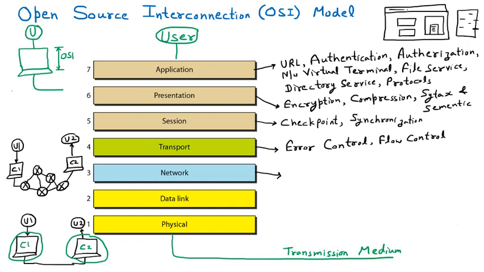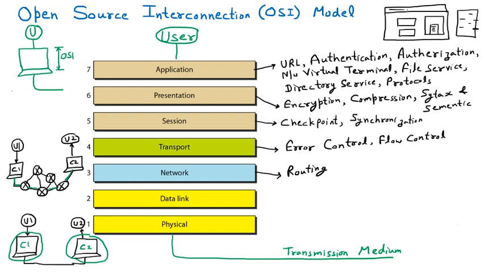Now the network layer says that routing. We both are using Facebook, but from where our data will go, that is called the routing. Let us suppose that at this time the shortest path is followed: you are sending the data, so it is going like this, and this is the shortest path which is taken by the network.